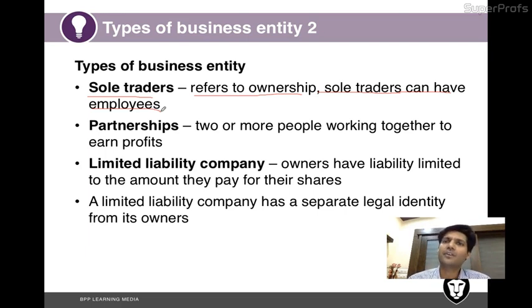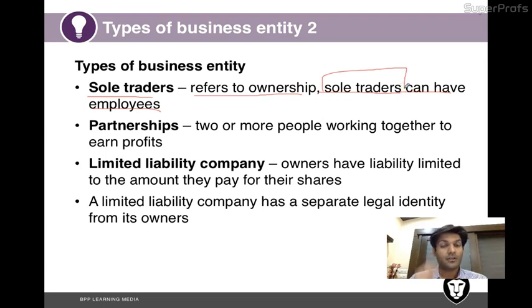They may or may not have any employees. So when you run a small business or a small shop, that is known as a sole trader or sole proprietorship, where there is normally only one owner, hence the name sole trader.